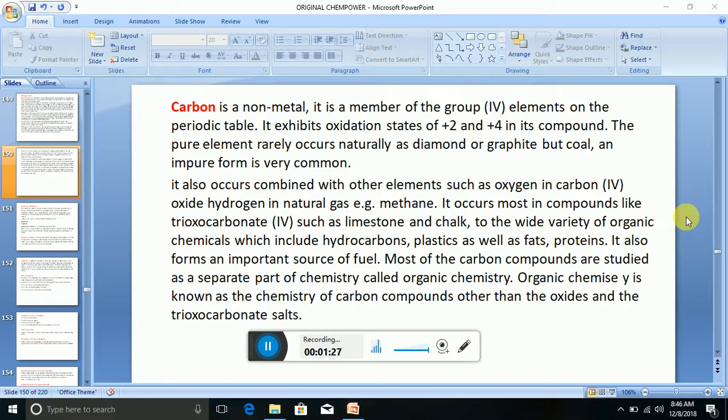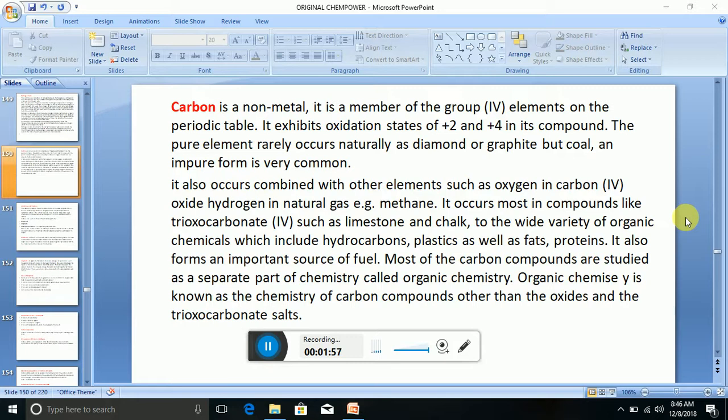It occurs mostly in compounds like trioxocarbonate(IV), as in limestone and chalk, and in a wide variety of organic chemicals, which include hydrocarbons, plastics, as well as fats and proteins. It also forms an important source of fuel.